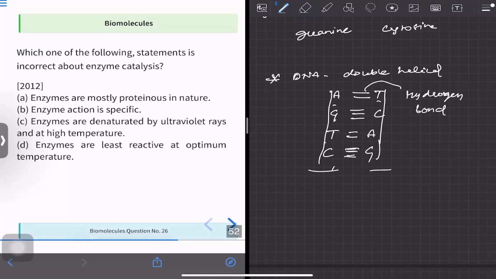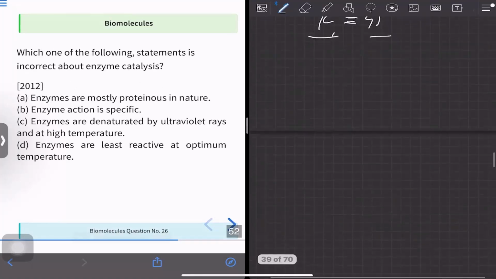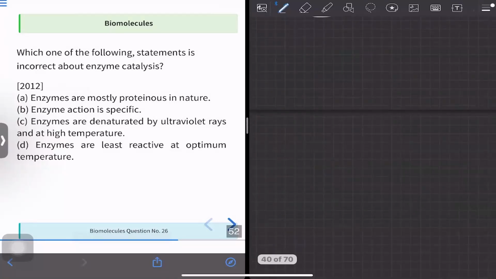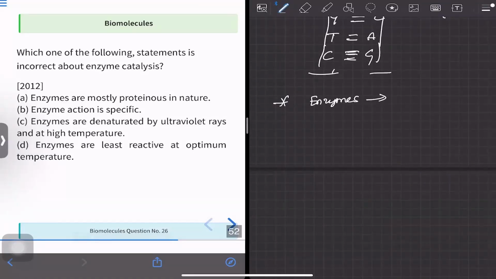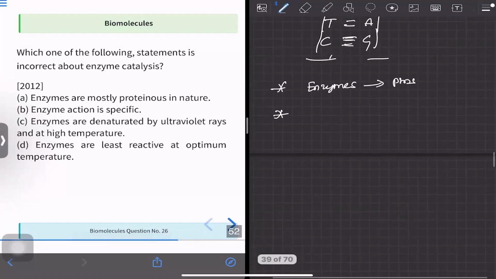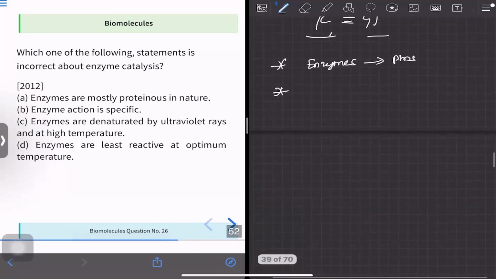Next question. Which one of the following statements is incorrect about enzyme catalysis? See, option A, enzymes are mostly proteinaceous in nature. We all know that enzymes are substances made up of proteins, so option A is correct. Next, option B, enzyme action is specific.